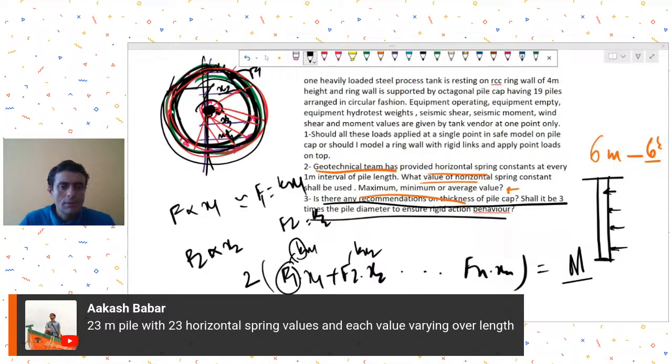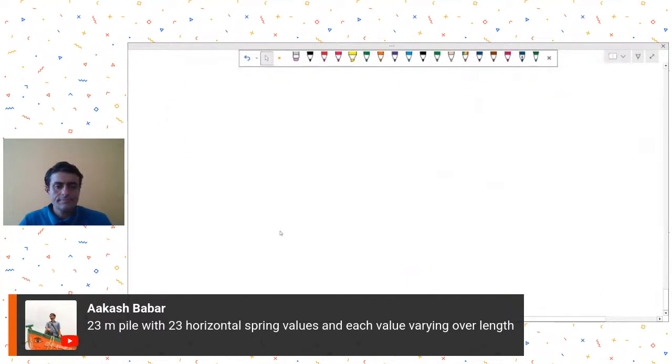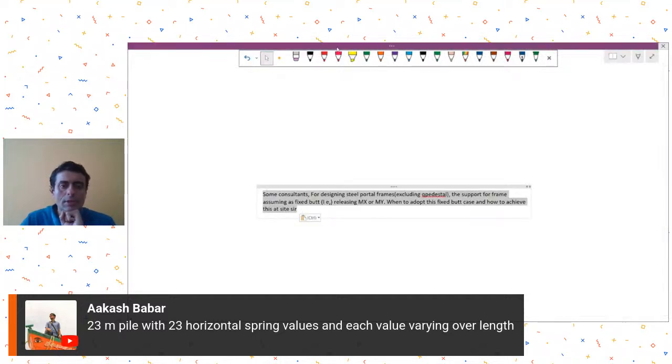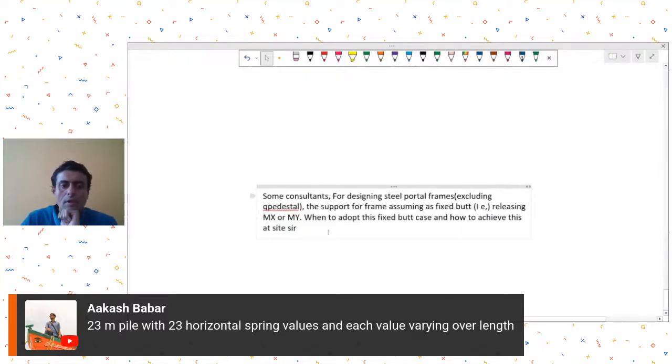Mr. Dinesh from Tamil Nadu is asking, and he is a working professional. He is saying some consultants, for designing steel portal frames, assume the support of the frame as fixed, releasing MX or MY. When to adopt this fixed case and how to achieve this at site?